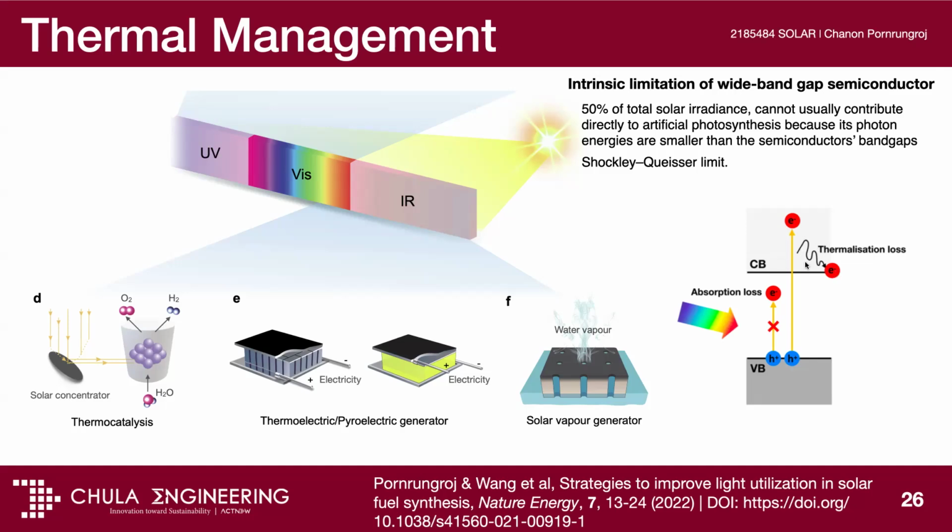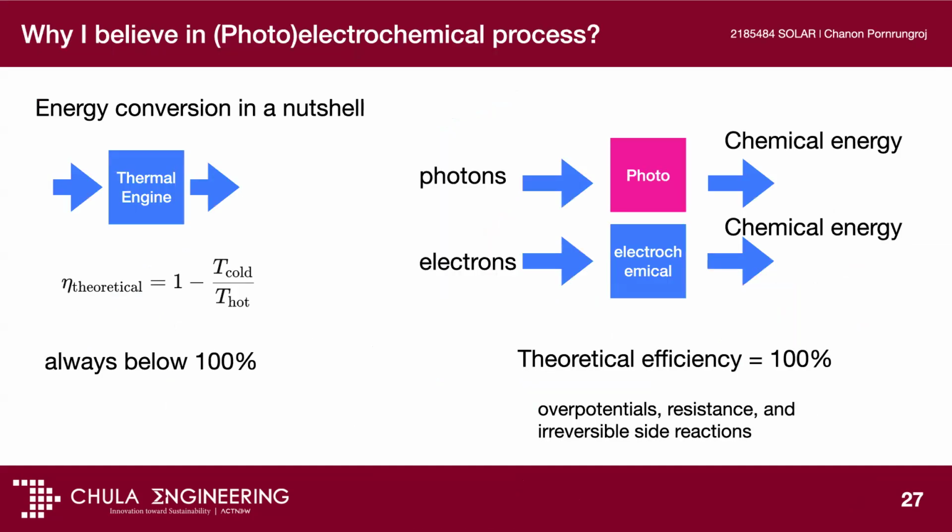And this relaxation is called thermalization loss. Has Professor Paravi talked about this? Thermalization loss accumulates and becomes heat, and absorption loss also accumulates and becomes heat. So you get heat from two phenomena. That's why I think heat or thermal management is very important.